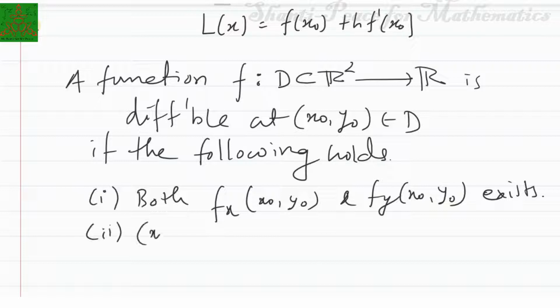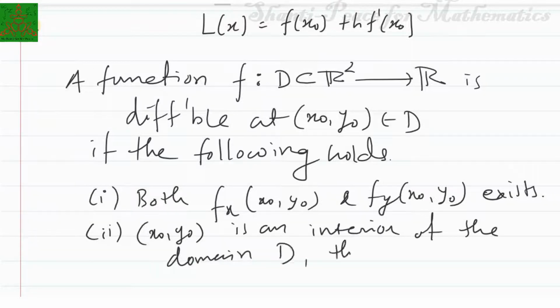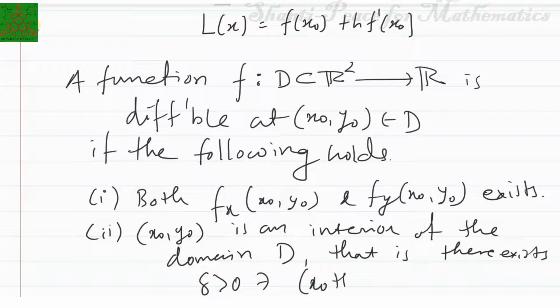Second, x0, y0 is an interior point of the domain D, that is, there exists some delta greater than 0 such that x0 plus h, y0 plus k also belongs to D for all mod h less than delta and mod k less than delta.